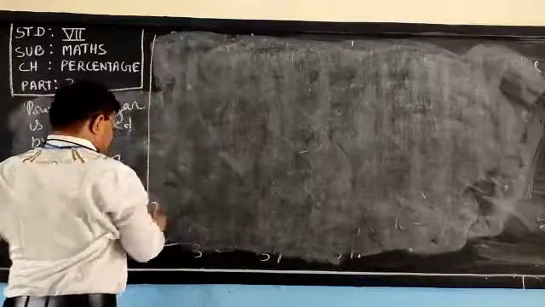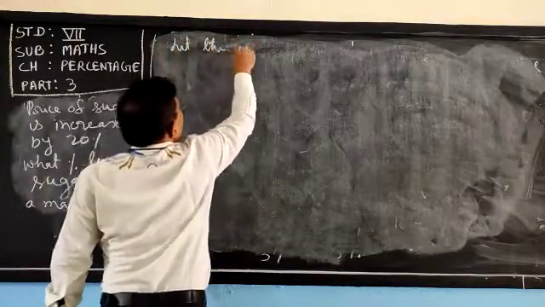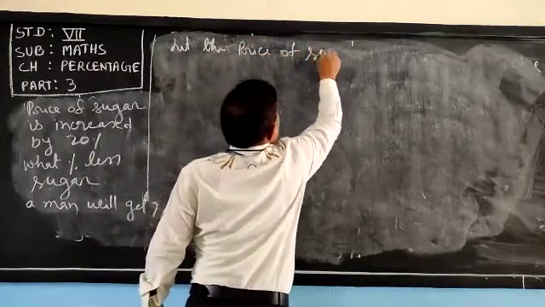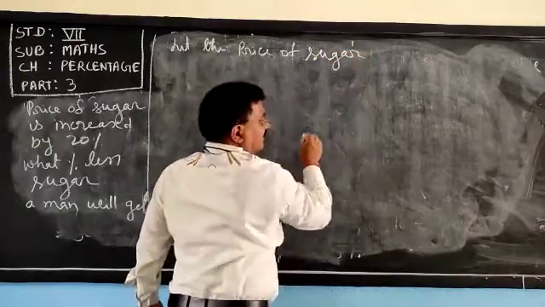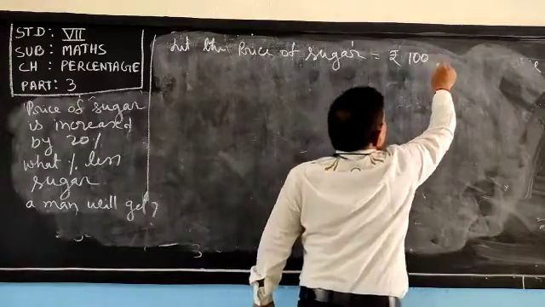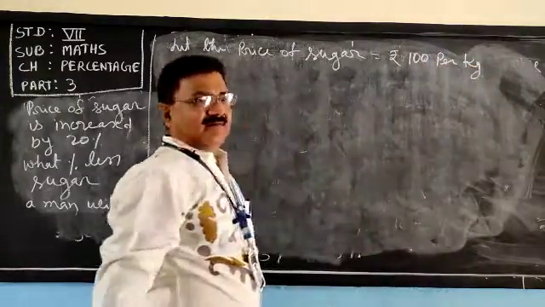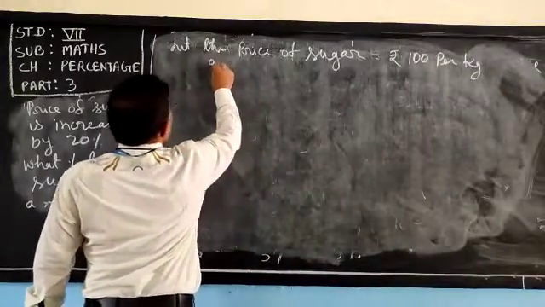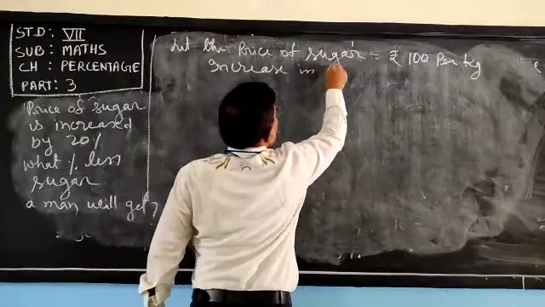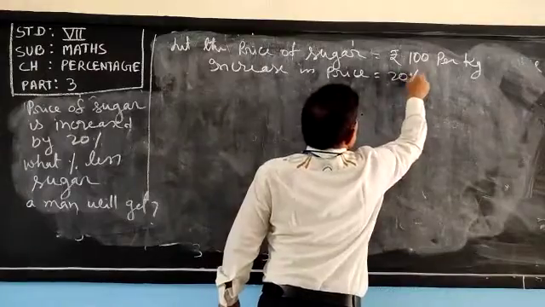Let the price of sugar be equal to rupees 100 per kg. Increase in price 20%.